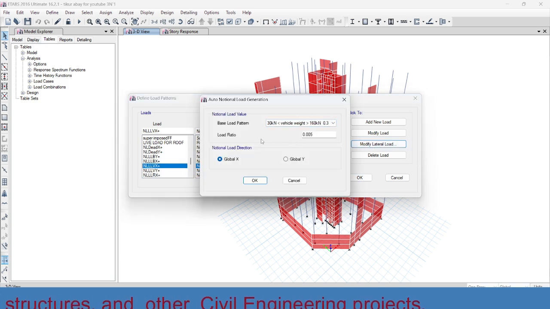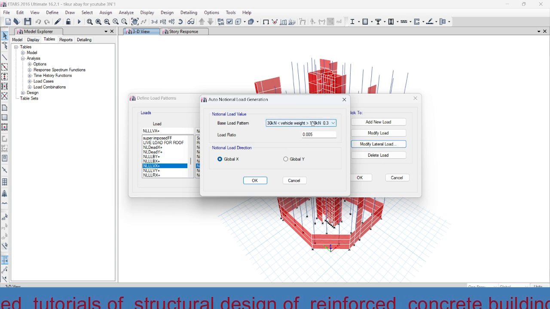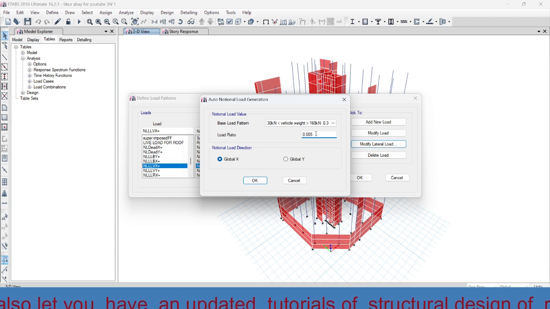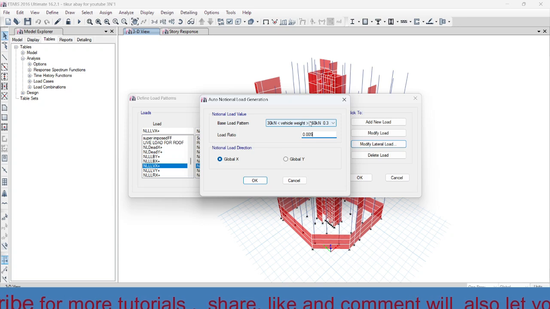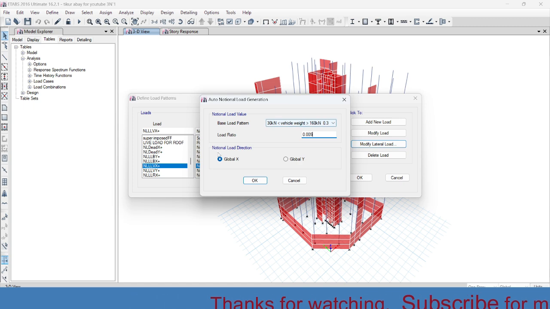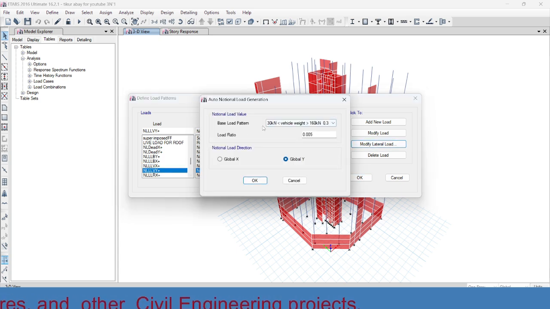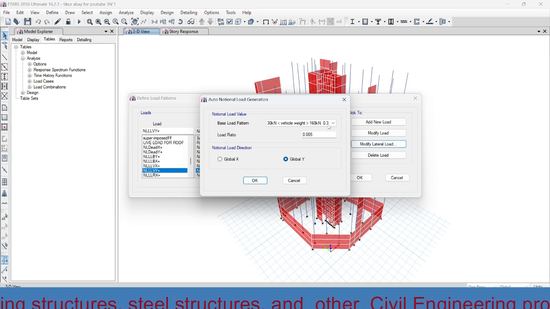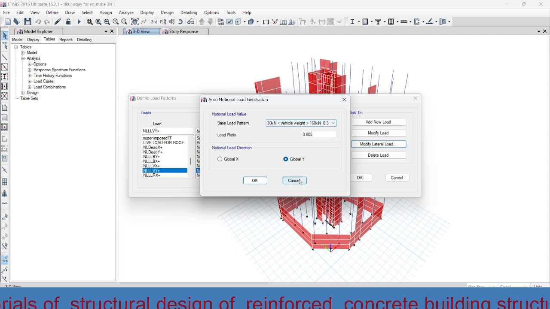This will provide the notional load in x direction with reference to the parking load, which is 0.05 multiplied with what? This vehicle load, that is 5 kN per meter square. So it will provide the notional load along x direction with reference to the vehicle load. And in y direction also we need to apply the notional load with reference to the vehicle load, that is 5% multiplied with this live load.